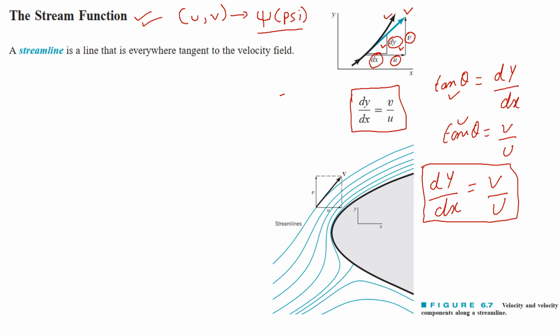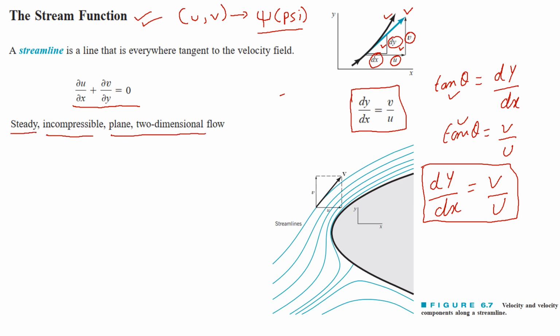To do that, we are going to take our differential form of the continuity equation in a two-dimensional flow field. We already derived that in the previous lecture, and this differential form of continuity equation is for steady, incompressible, plane two-dimensional flow.